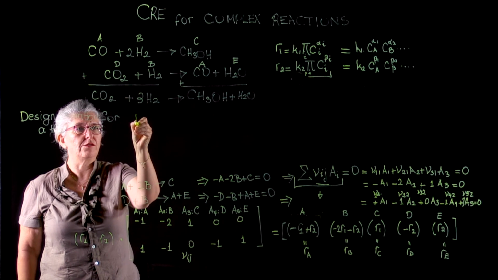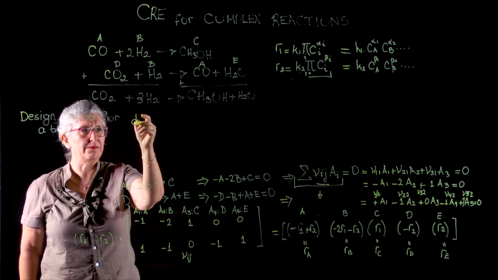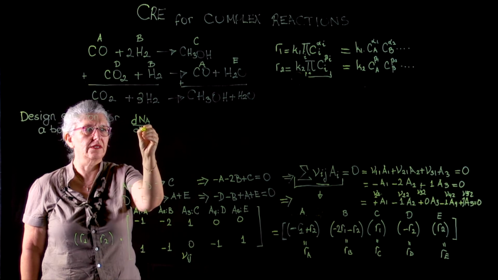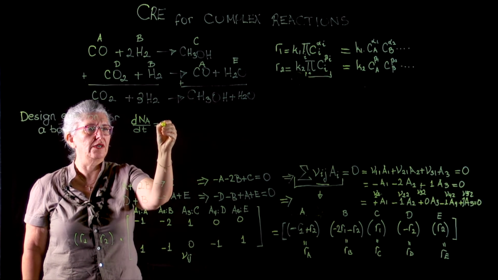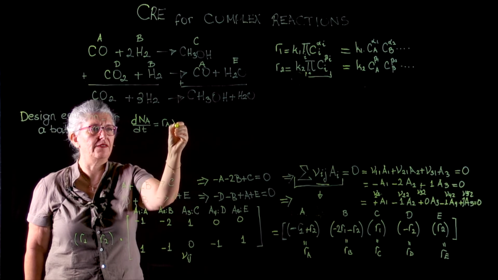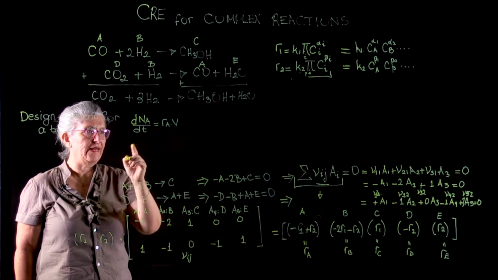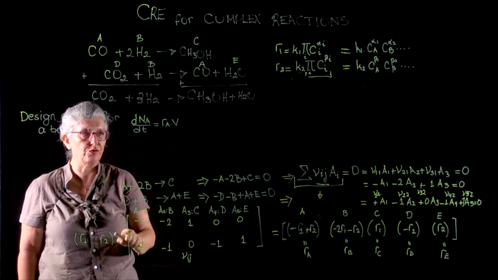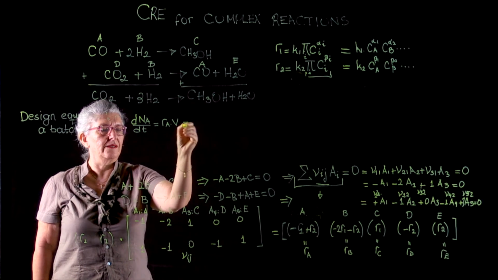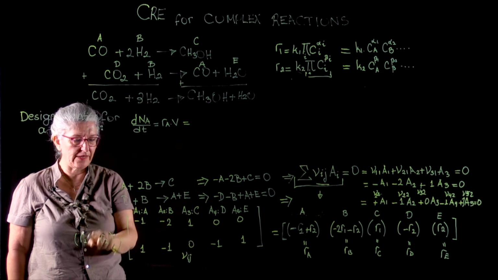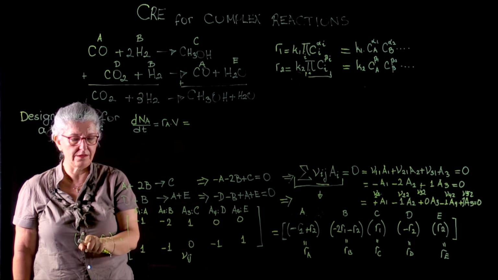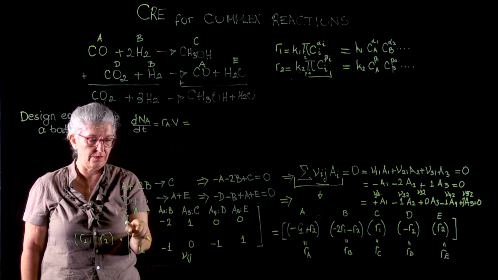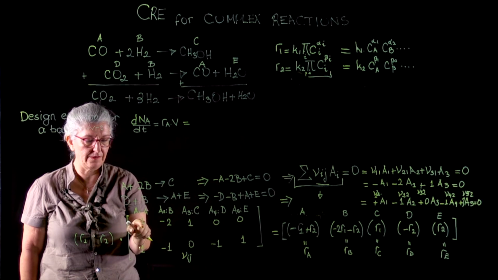So the design equation for a batch reactor for a simple reaction was dNA over dt equal to R sub A times V. Now we have, instead of R sub A, B, C, we have R1, 2. Now remember, during the matrix multiplication, we said that R1 multiplied by A1, this first term, stoichiometric coefficient of A1, all right?